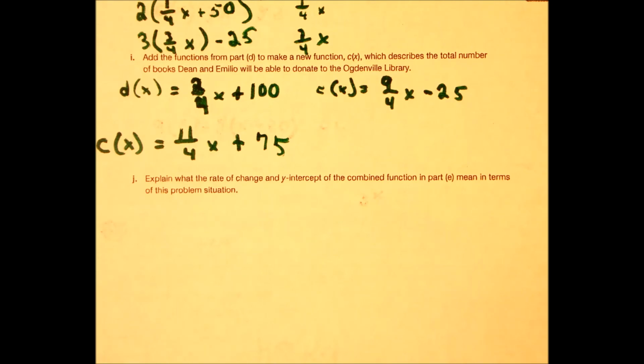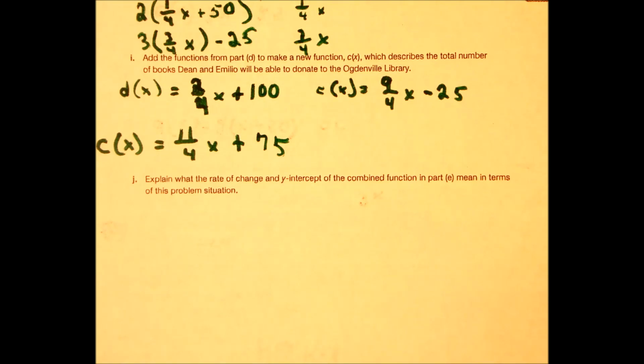Remember, the 3.375 was an average. So now we're talking specifically. We added them together. That means it's at 2.75. So they're able to donate 2.75 books for every one that they collect.